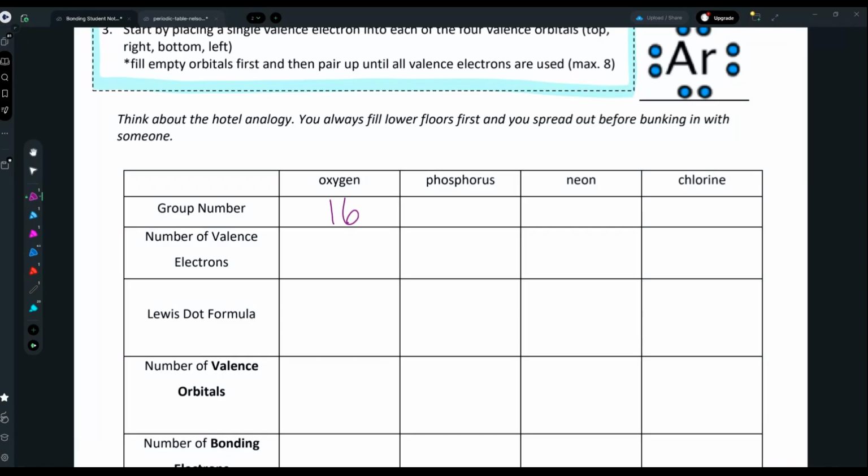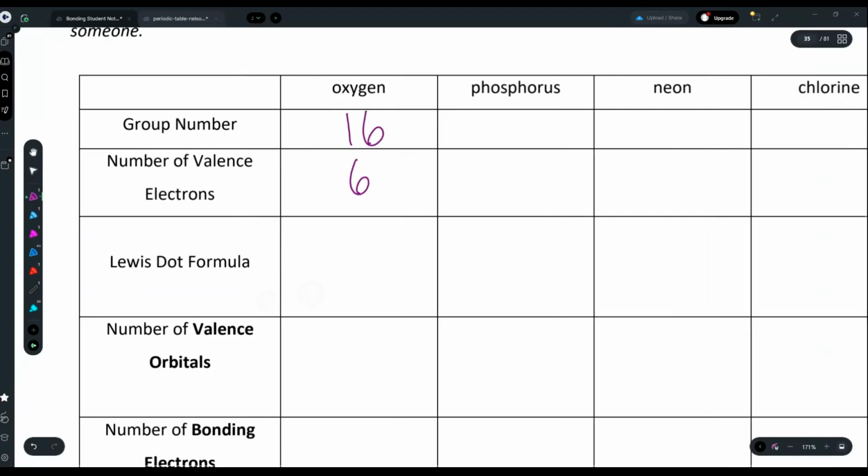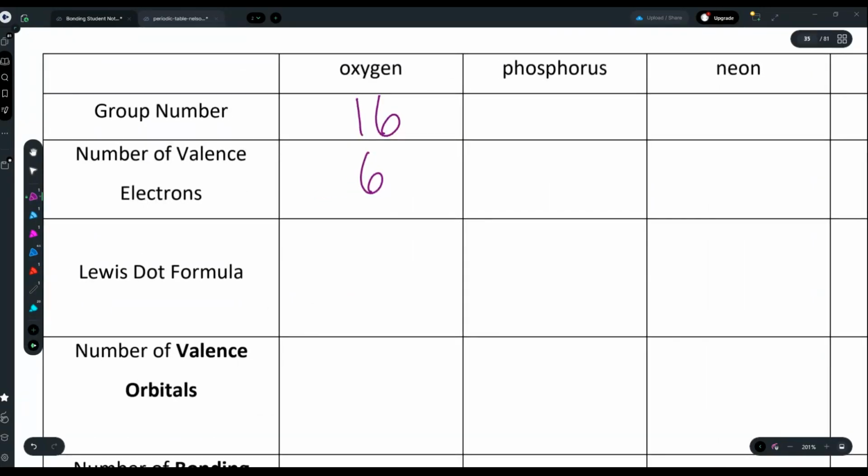So because the last digit of oxygen's group number is 6, that means it has 6 valence electrons. So for the Lewis dot formula, I'm going to draw the symbol for oxygen first. And then what we're imagining is that there are these orbitals on the top, right, bottom, and left of the symbol. And that's where we're going to be drawing our electrons.